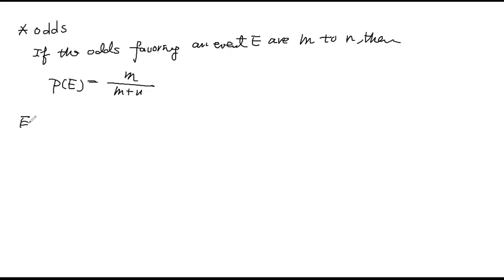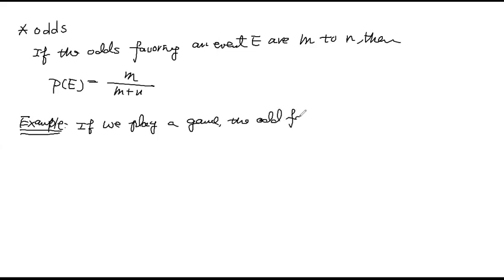So let's take a look at the example here. If you and I play a game, the odds for me to win the game are 3 to 5.